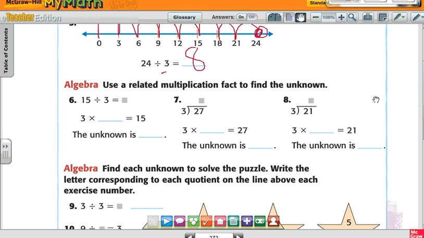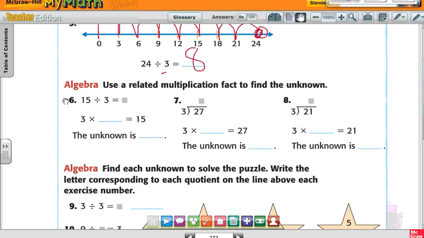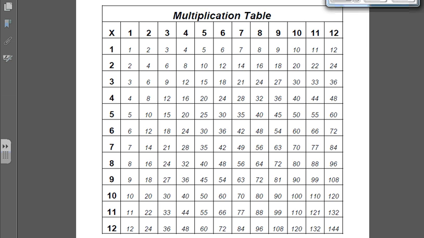Go ahead and do, by the way, the answer for number 6. The answer is going to be the same for each blank, okay? So 15 divided by 3, ask yourself, what number times 3 gives me 15? Everybody? 5. So this is 5 and this is 5. We did number 6, right? 15 divided by 3?